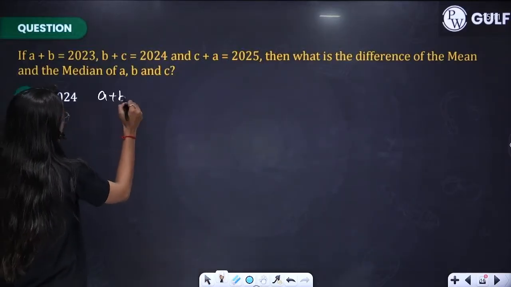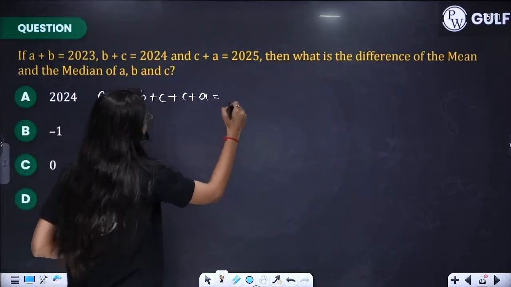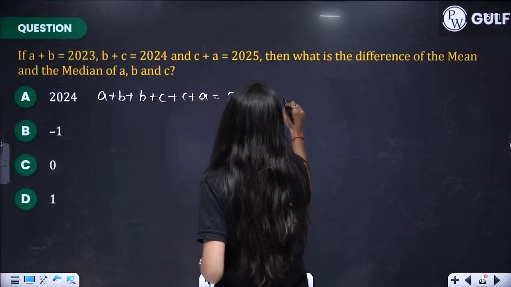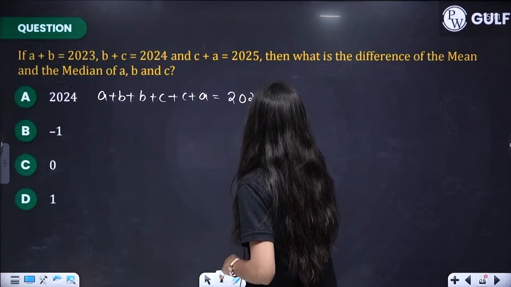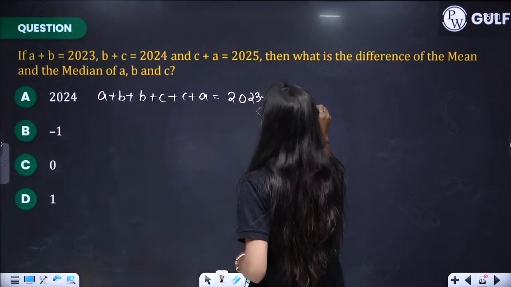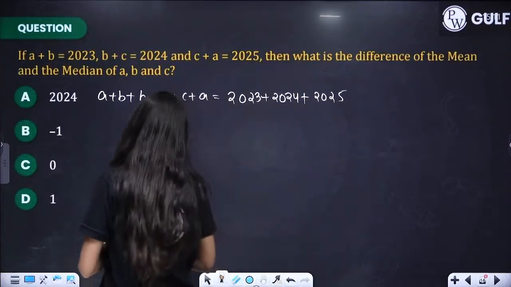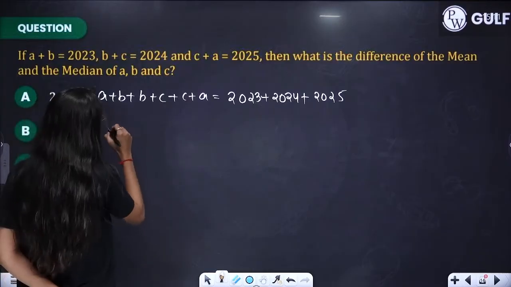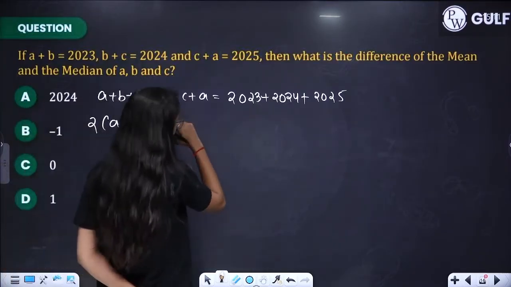That means A plus B, B plus C, plus C plus A gives me 2023 plus 2024 plus 2025.